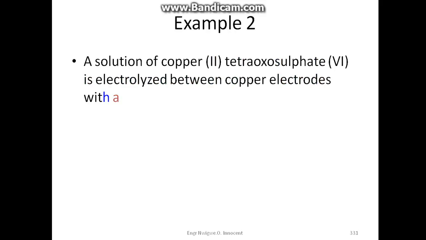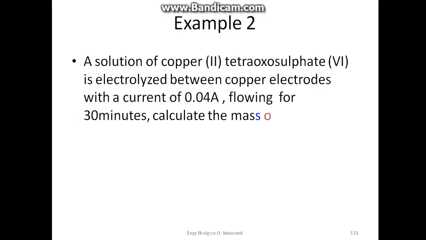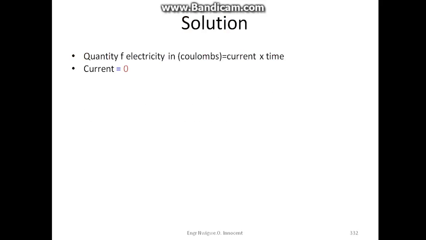Example 2. A solution of copper(II) tetraoxosulfate(VI) is electrolyzed between copper electrodes with a current of 0.04 ampere flowing for 30 minutes. Calculate the mass of copper deposited. Solution. Quantity of electricity in coulombs is equal to current times time.